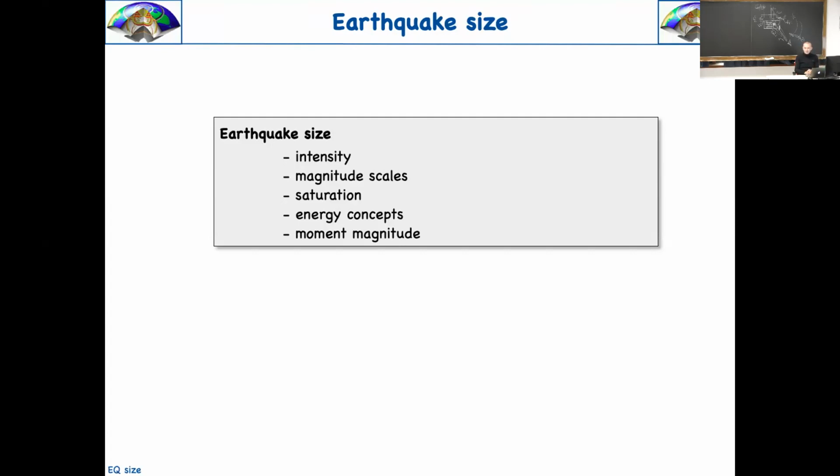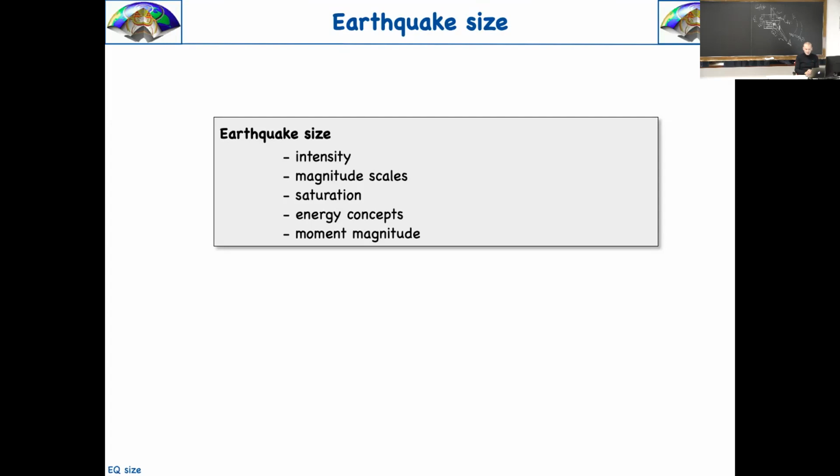So how to measure the earthquake size? Well, one of the first answers was to measure the effect of an earthquake on the human anthropic system. So on buildings, on bridges, on roads, on whatever. Of course, and that's intensity.